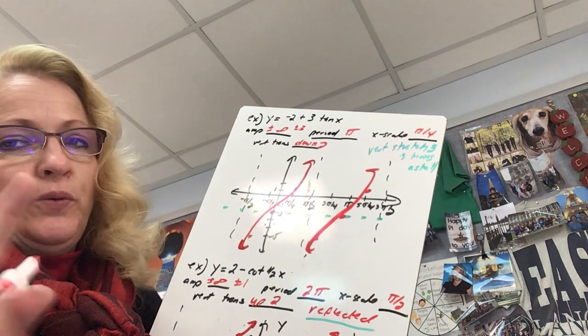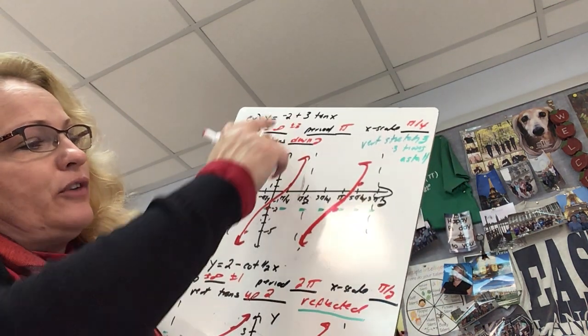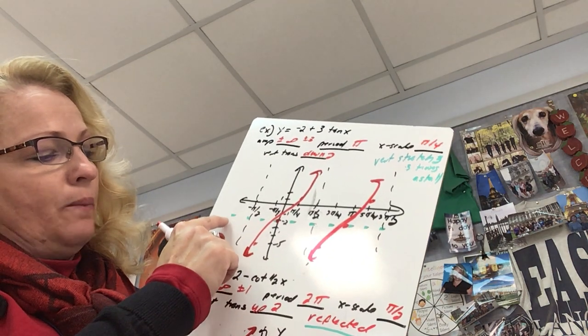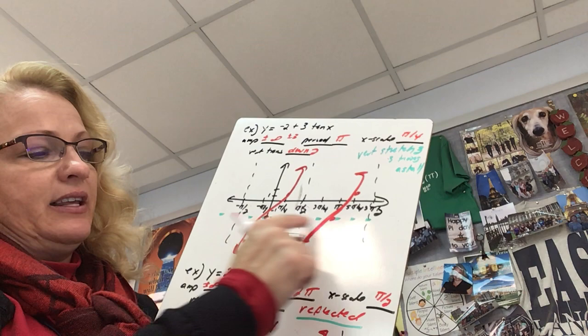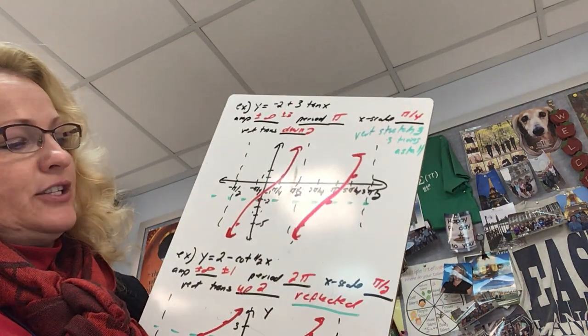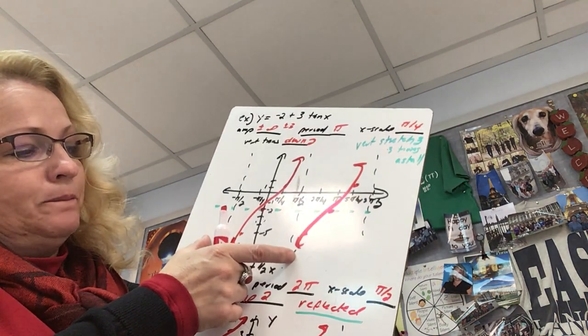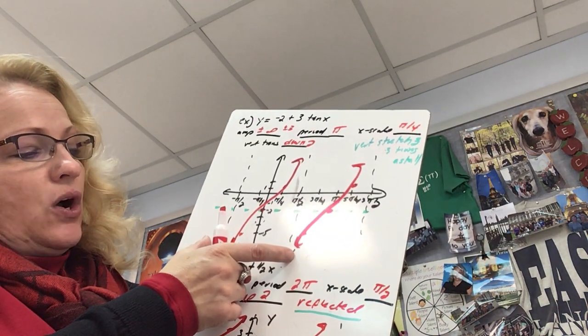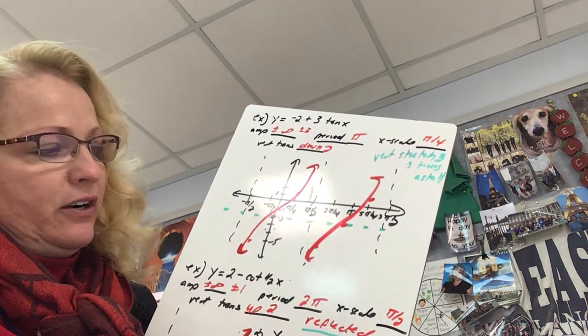Oops, I forgot to say, I apologize, that first of all, this was moved down 2, so I'm going to draw a horizontal axis at y equals -2, and now everything I do is based on that horizontal axis. Okay, so one more time, between here and here is pi, and so I know that I have an asymptote at the beginning and ending of the period.